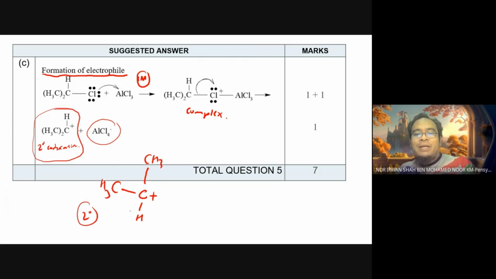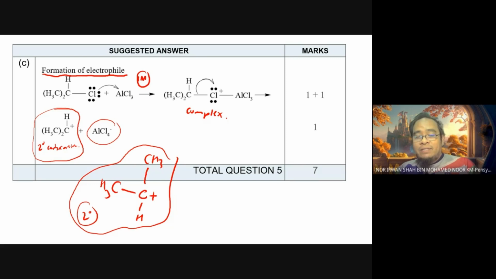Boleh tak dia jadi tertiary carbocation? Jawapan ni tak boleh. Sebab apa? Dia tak boleh buat 1,2 hydride shift, dia buat 1,2 methanide shift, apatah lagi. Memang tak boleh guys. Memang dia takkan boleh buat rearrangement. Jadi kalau tak boleh buat rearrangement, kita kekalkan dia as it is.